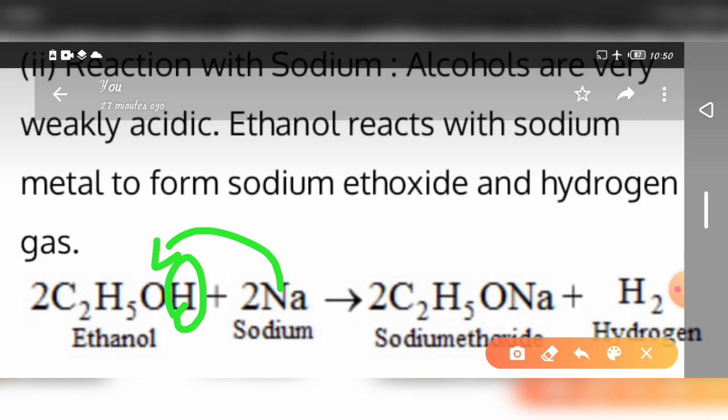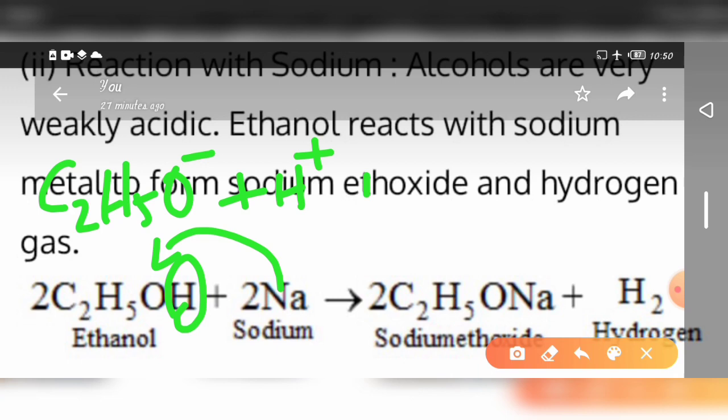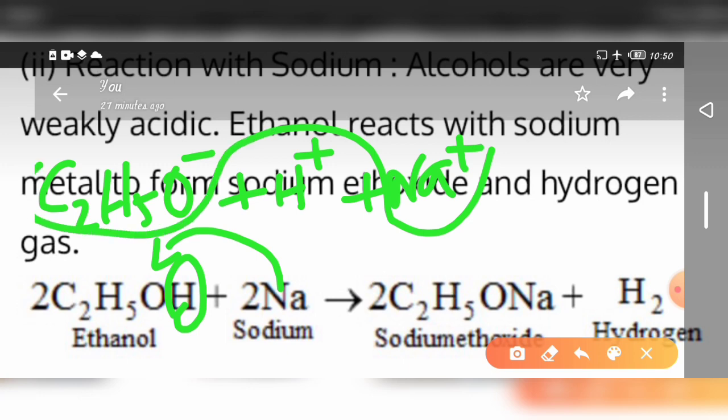How it will be combined: C2H5O minus, plus H plus and Na plus. This Na plus combines with this minus, so it forms C2H5ONa, and H2 gas will be liberated.